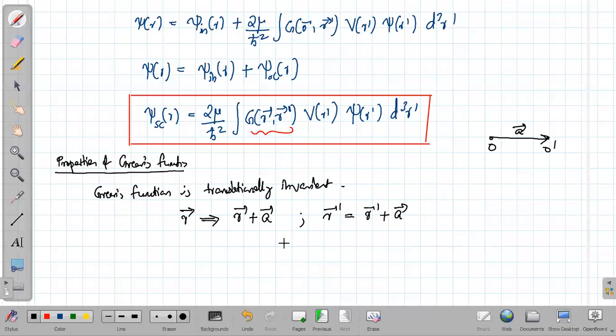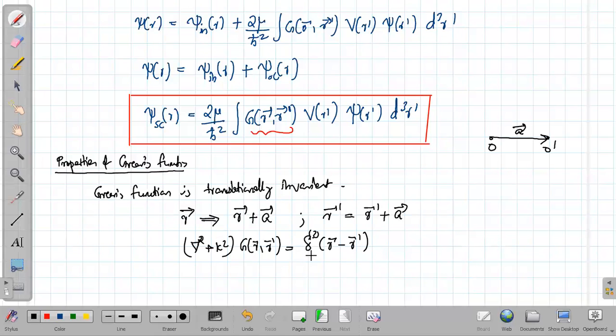So how to prove that? In order to prove it, if you look at the Green's function equation, del square plus k square acting on g of r, r prime is the Dirac delta function of r minus r prime.